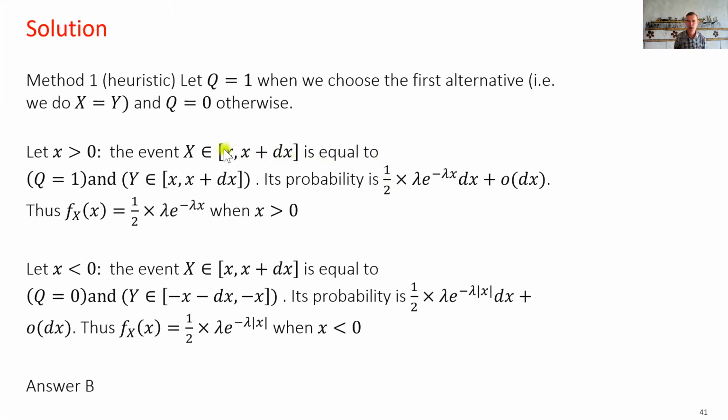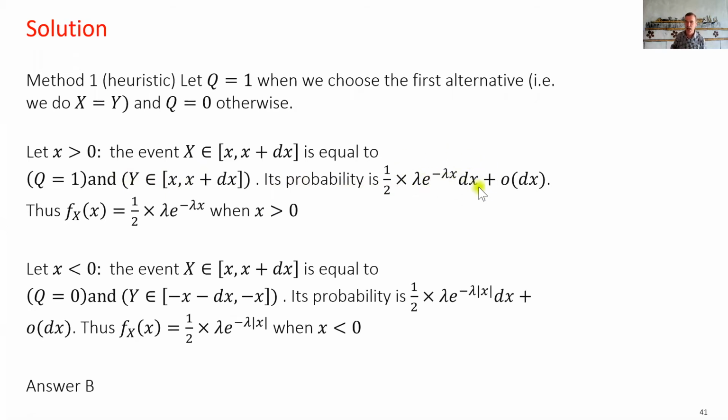Well, it's the probability that the exponential random variable from which x is constructed falls in this interval. So the event, x is in this interval, is equal to the conjunction of those two events. Q and Y are drawn independently, so the probability of the end is the product. 1/2, what's the probability of this? Well, approximately it's lambda exponential minus lambda x dx. That's the interpretation of a PDF.